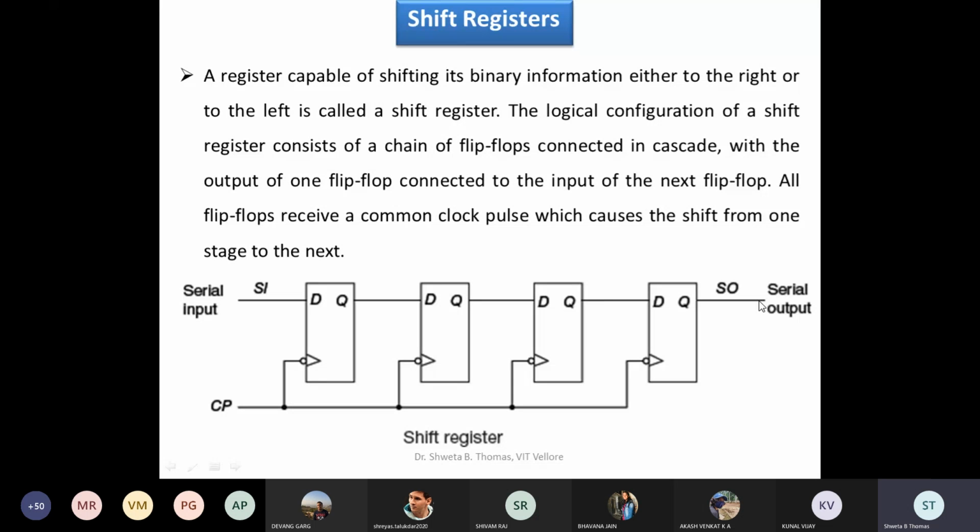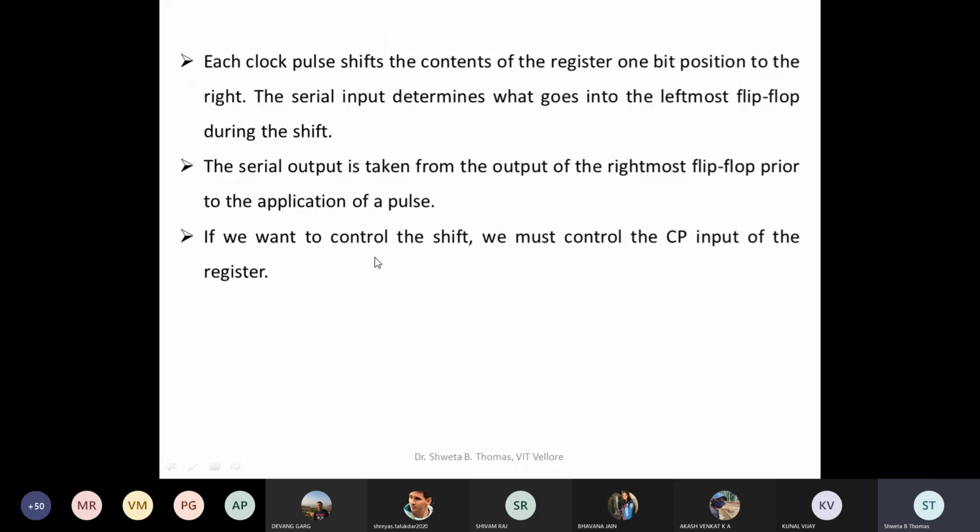The logical configuration of a shift register consists of a chain of flip flops connected in cascade, with the output of one flip flop connected to the input of the next flip flop. All flip flops receive a common clock pulse, which causes the shift from one stage to the next. Each clock pulse shifts the contents of the register one bit position to the right. Why is it right?